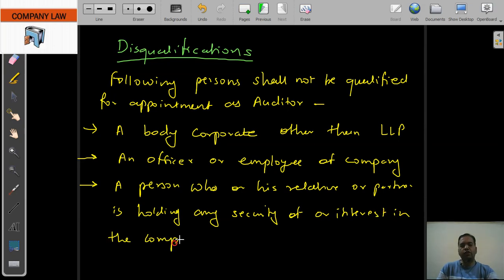So of course thresholds are given, and as per those thresholds, one can hold securities but not beyond that.